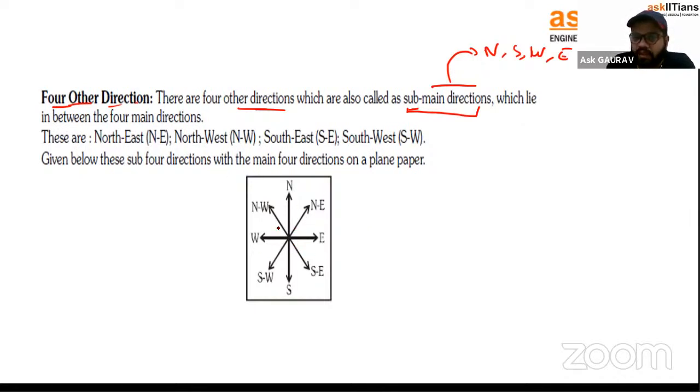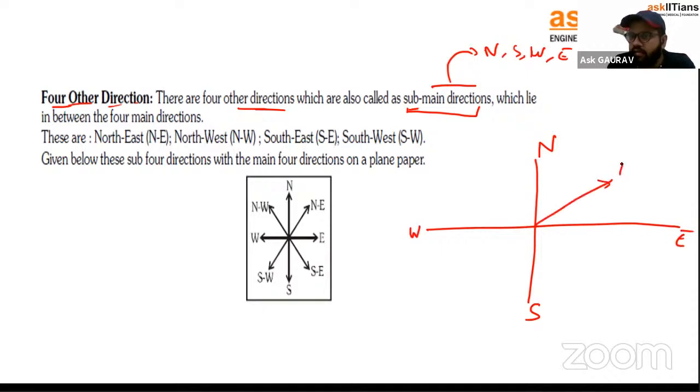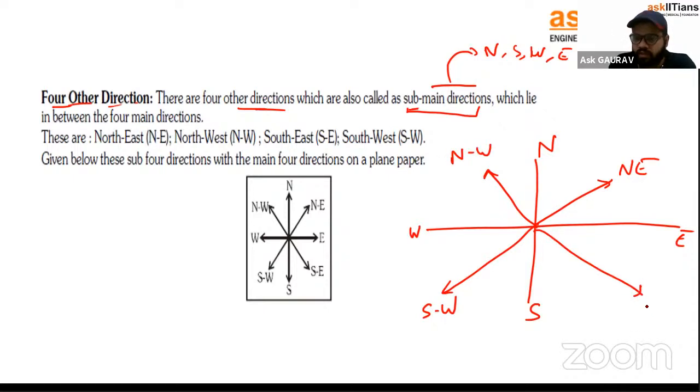Like this is northeast, northwest, then southwest, then southeast. If this is your diagram, this is north, south, west, and east, then that will be your northeast, that will be your southwest, this will be your northwest, and this will be your southeast.